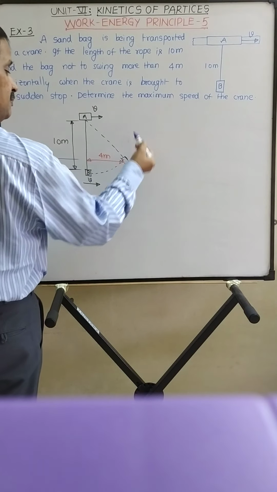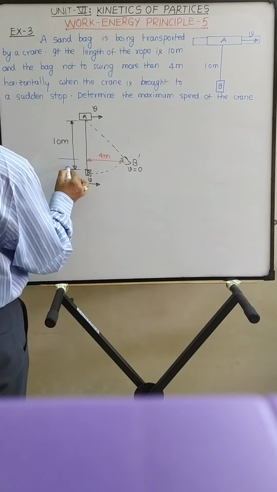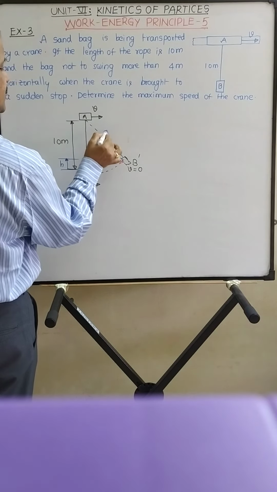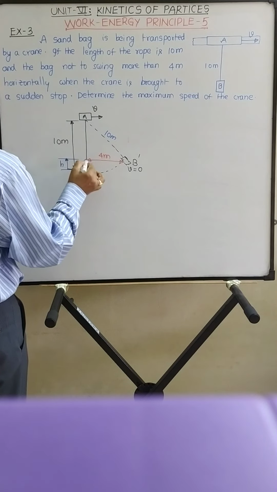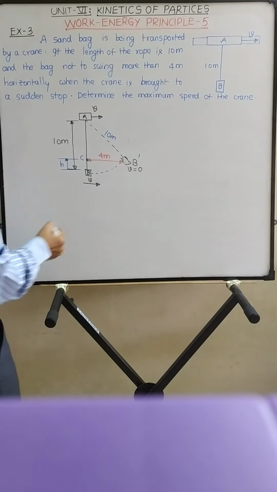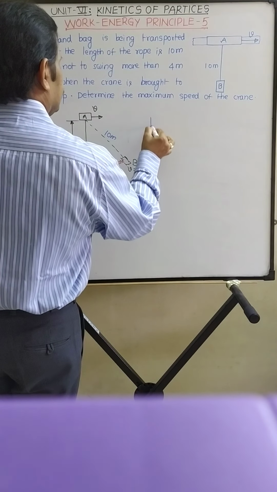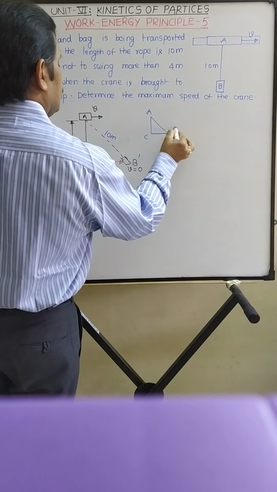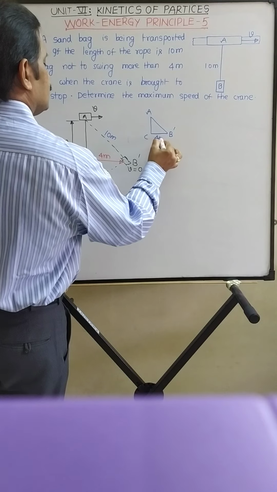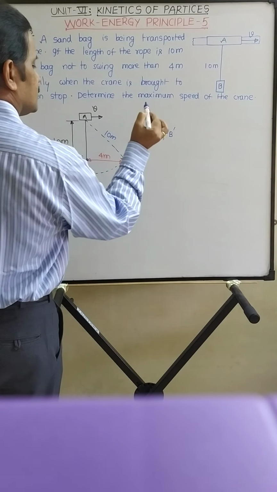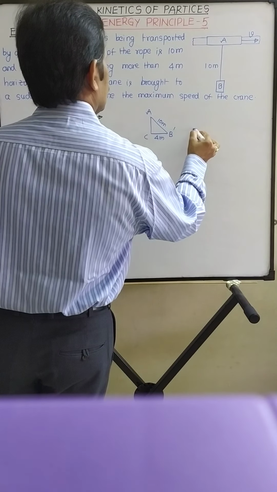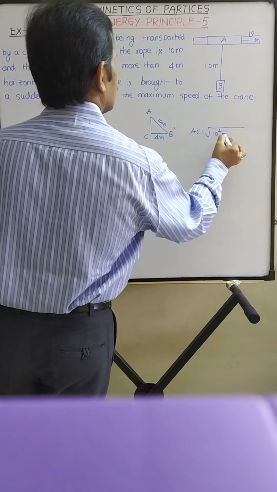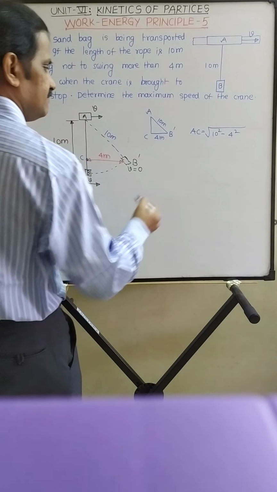Now let us first find out the vertical displacement of the sandbag. So it is swinging upwards. It is moving upwards, having an upward vertical displacement, say h. The length of the rope is given as 10 meters. So let us say this is point C. From the right angle triangle A, C, B dash, you have this as 4 meters, 10 meters. From Pythagoras, AC is equal to square root of 10 square minus 4 square.